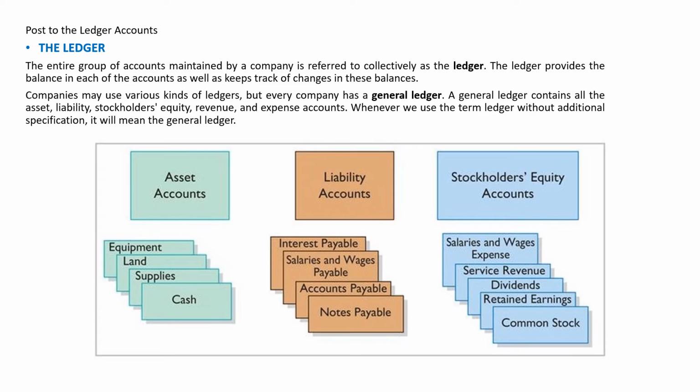Companies may use various kinds of ledgers, but every company uses a general ledger. A general ledger contains all the assets, liabilities, stockholders' equity, revenues, and expenses. So whenever we use the term ledger, it means general ledger.